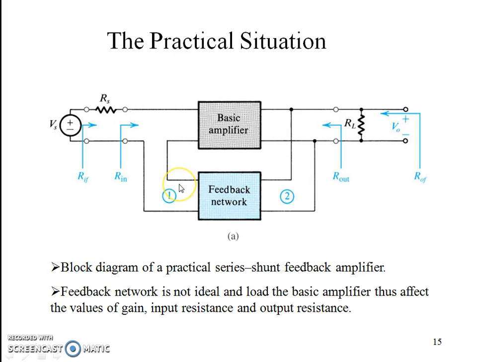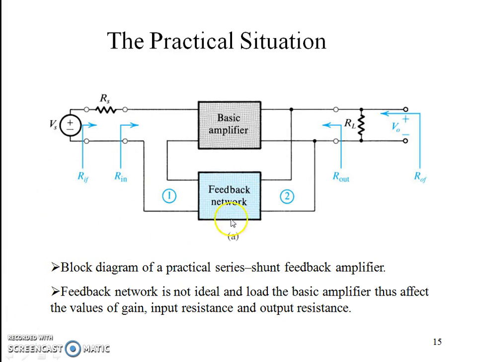In the practical situation, the block diagram is like this. This is the practical series shunt feedback amplifier. See, this is the series, this is the feedback network, and this goes to the shunt. Next, the feedback network is not ideal, and loading the basic amplifier thus affects the value of the gain, input resistance, and output resistance.